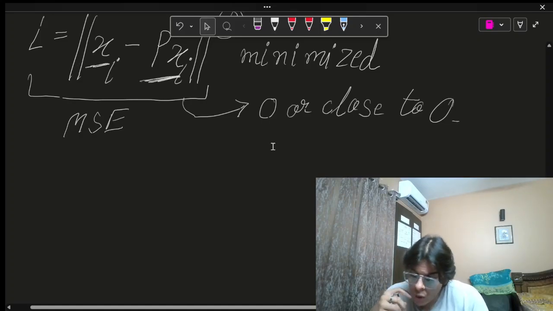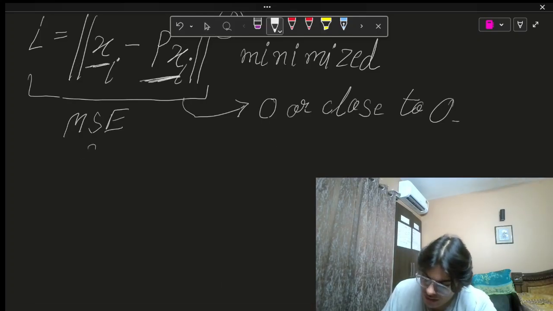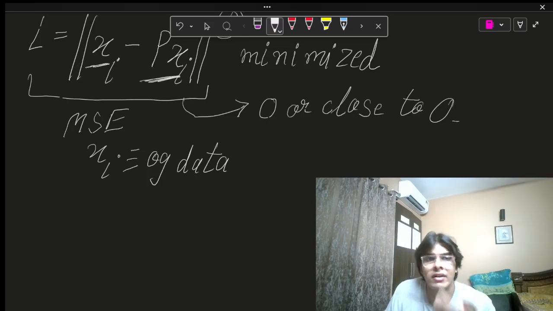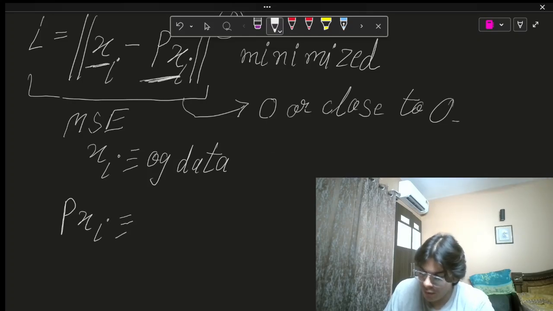So looking at this carefully, what is xi? Again, I like to stress upon this. What is xi? It is nothing but a feature of the original data, or a dimension of the original data, a way to represent the original data. And what is this pxi? It is the transformed data, or like we wrote before, it is like a linear transform.